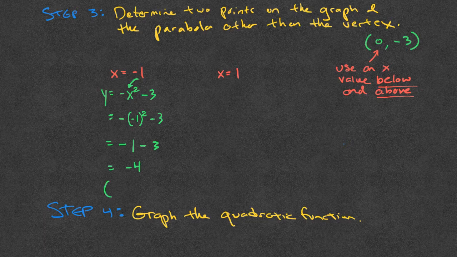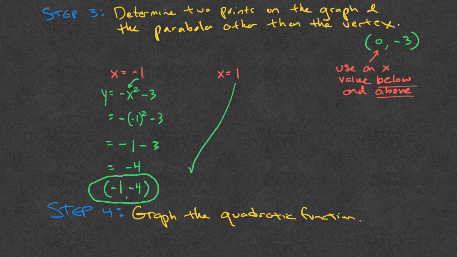So your ordered pair for this, and you'll need to put an ordered pair in, is -1, -4. We plugged in -1 for x, and then we came out with -4. And by the way, to make this a little bit easier, if you go just 1 below and then 1 above, you'll end up with the same value for +1. So +1 and then also -4. You can go through the process of substituting that 1 into the equation, but you don't need to.